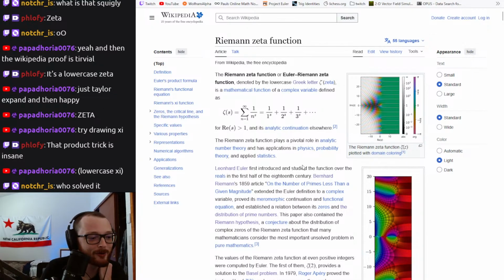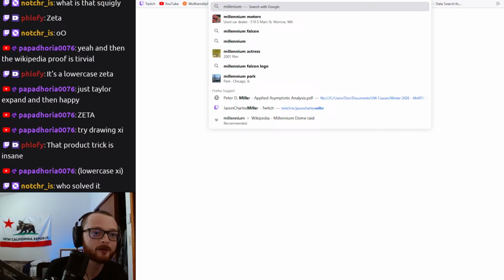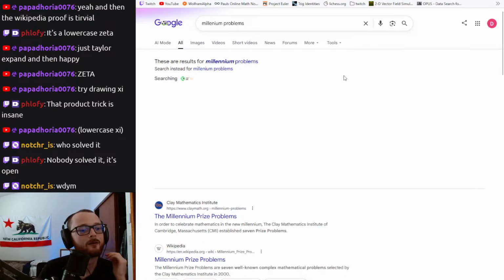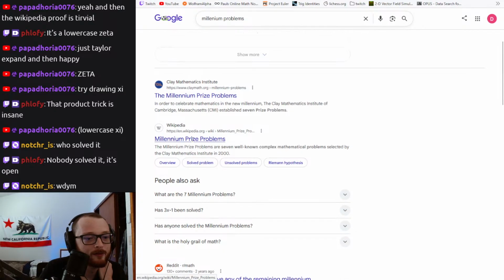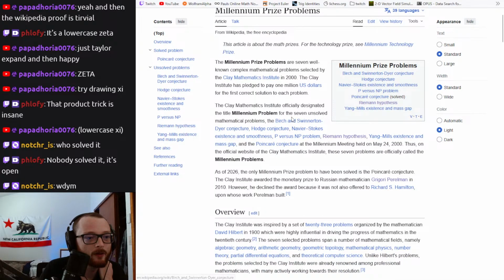I don't know which one is harder. No one has solved it. So it's one of the Millennium Prize problems. There were originally 7 of them, and one of them has been solved.